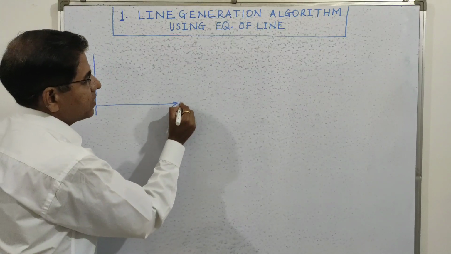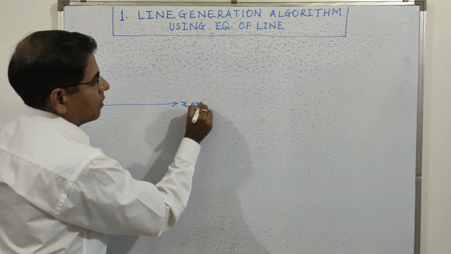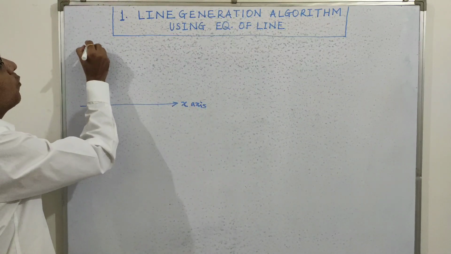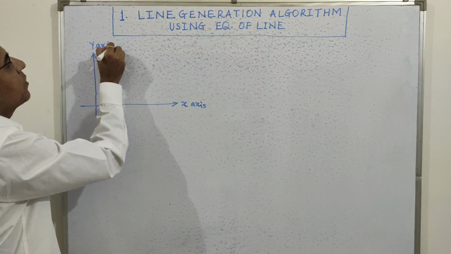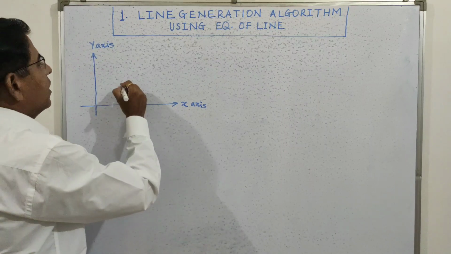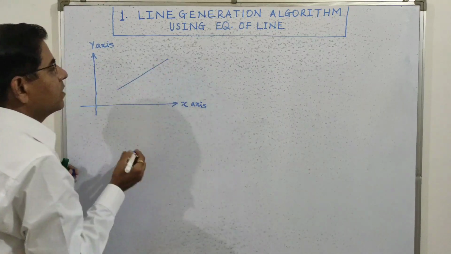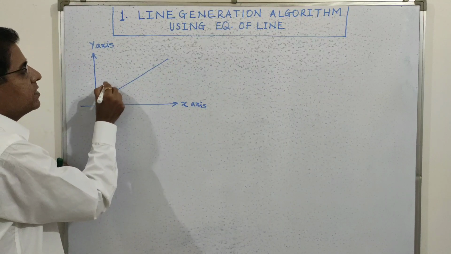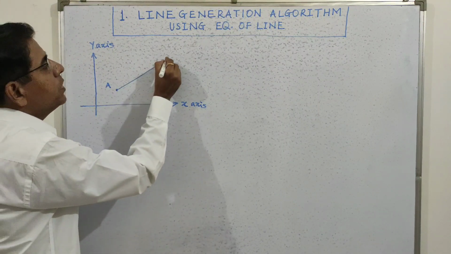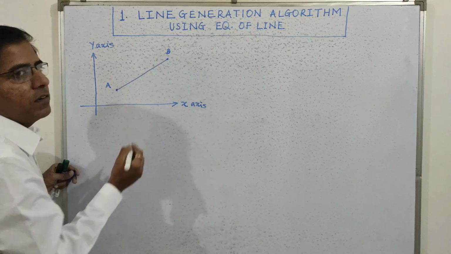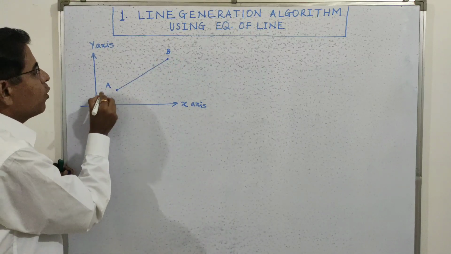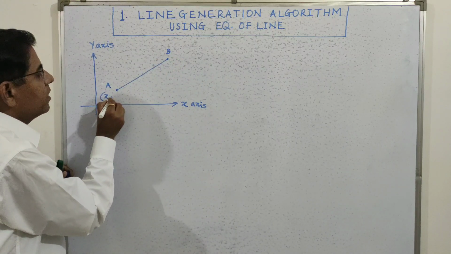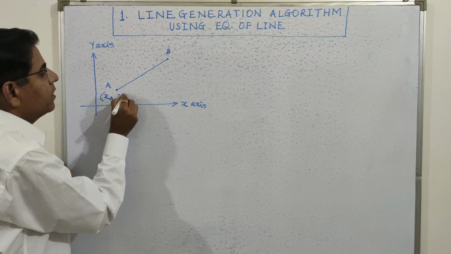So consider this is x-axis, this is y-axis. Okay, there is a line AB. A is start point, B is end point. Start point coordinates are XA, YA.